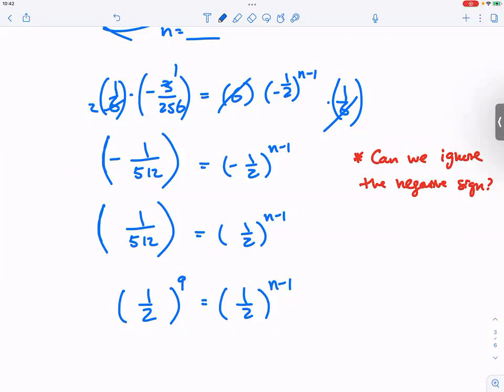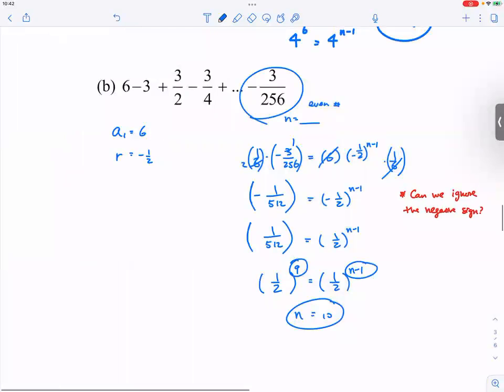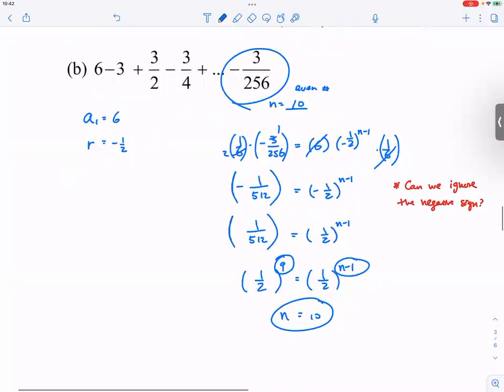And we say, well, 1/2 to the 9th power is equal to 1/2 to the n minus 1 power. So that means n minus 1 is equal to 9. So n must equal 10, which we knew at the very beginning. We guessed at it, but we want to make sure that you know how to find it using good fundamental math.